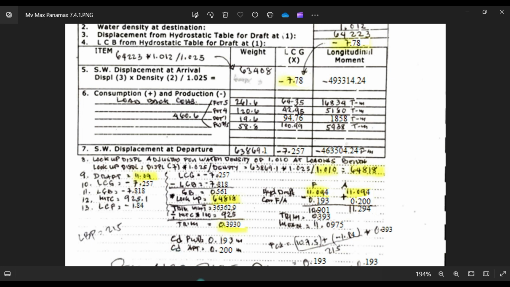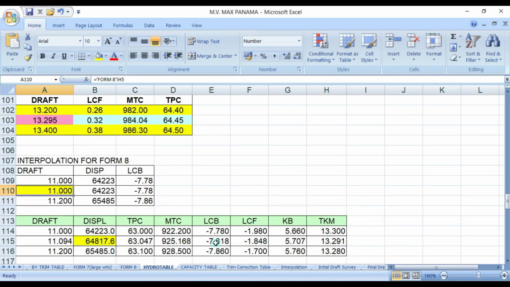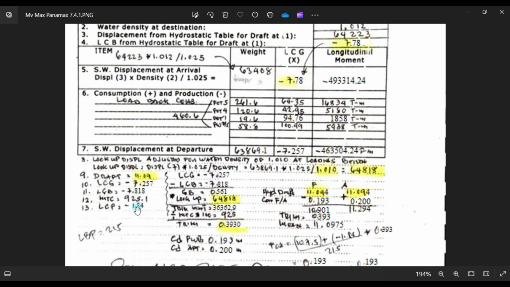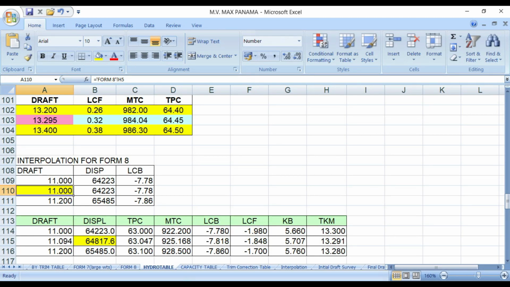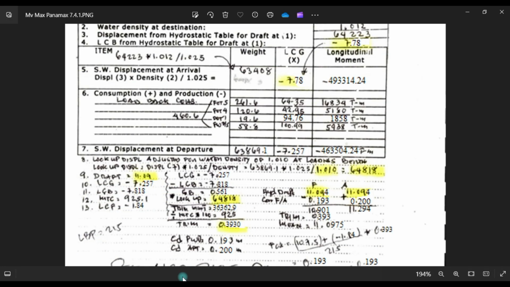Your MTC, which is this one for your draft of 11.094, that will be 925.168. Okay, which is this one, 925.168.